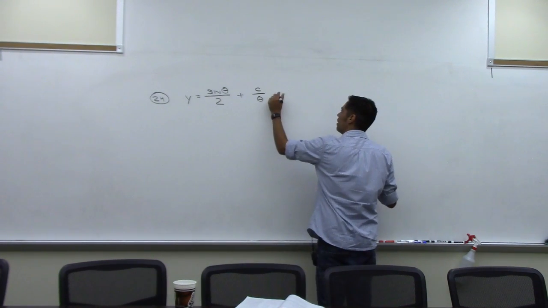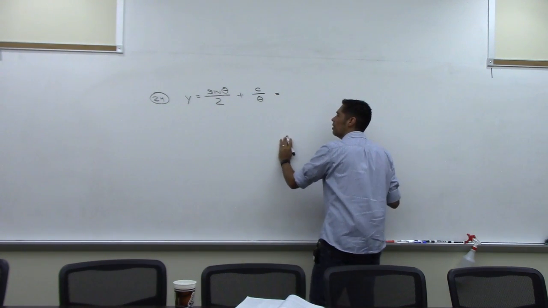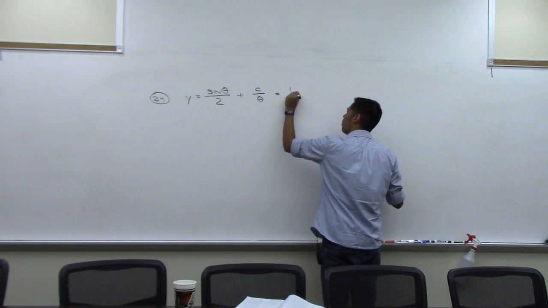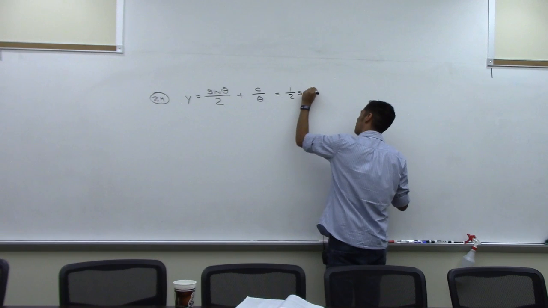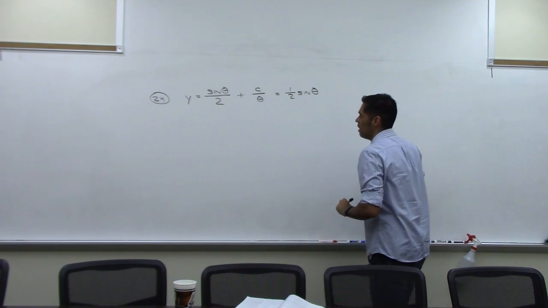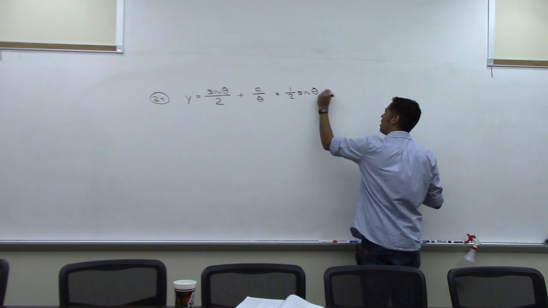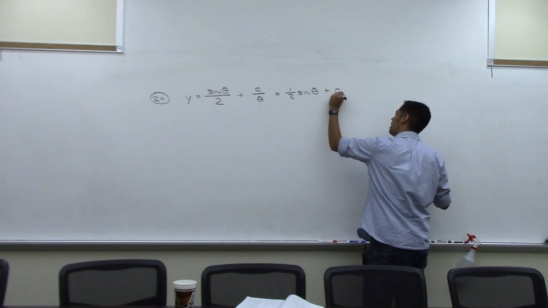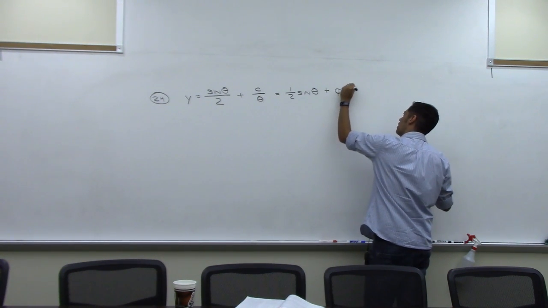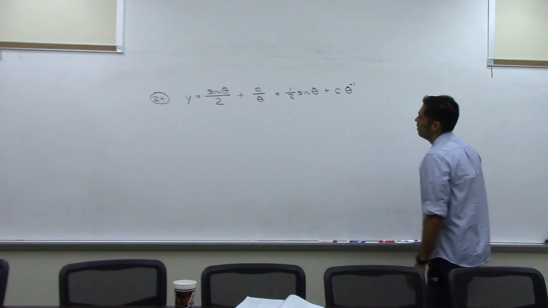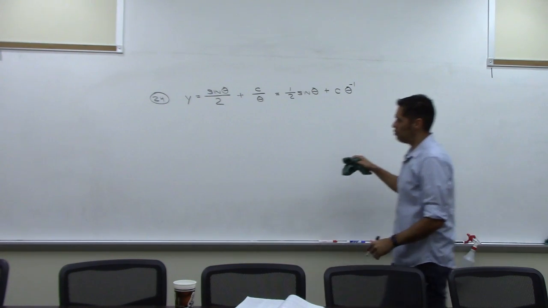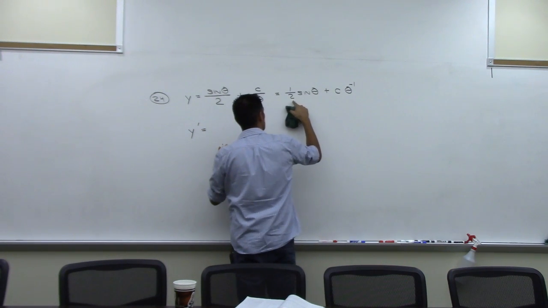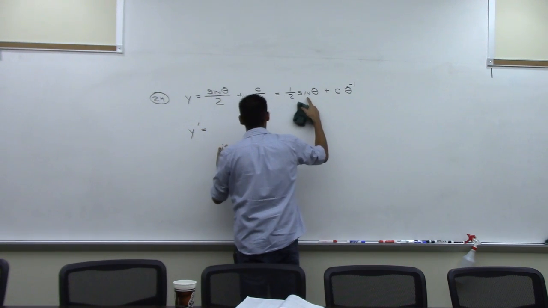I'm first going to rewrite this. Although it looks confusing, this right here is really just 1/2 times sine of theta. And then the last part, because theta is my variable, I don't want it down here. I need to bring it up. So this will be c times theta to the negative 1. And now I can differentiate each one. The 1/2 just comes for the ride because it's attached to the function.